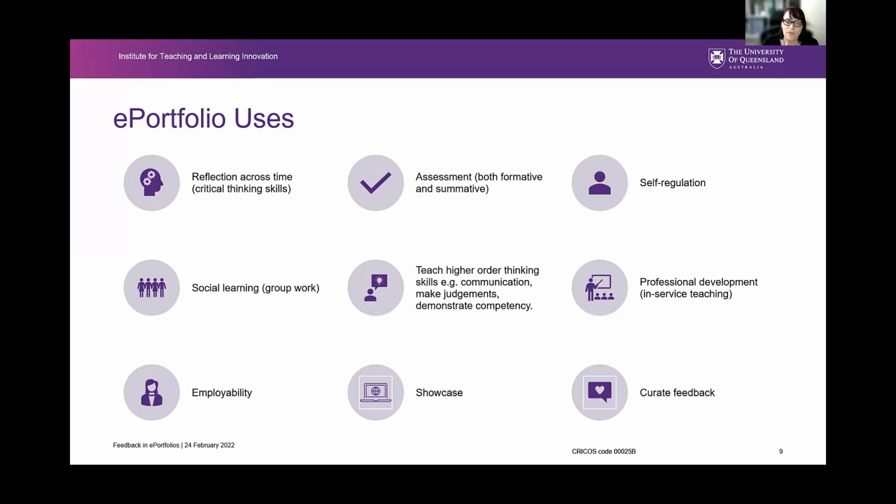Employability, I've touched a bit on that, but again, for students, high school students, for example, they might need to work on where they're going next after high school, even a part-time job they might have while they're at school. But the idea is that they're learning about what skills and competencies and knowledge I have to be an employee. And that links in with showcase.